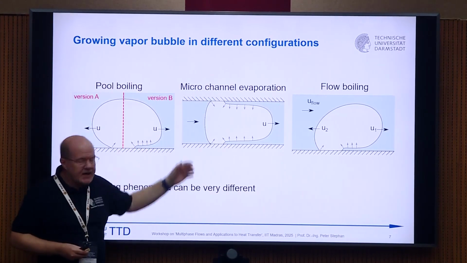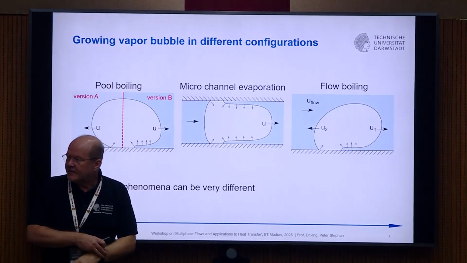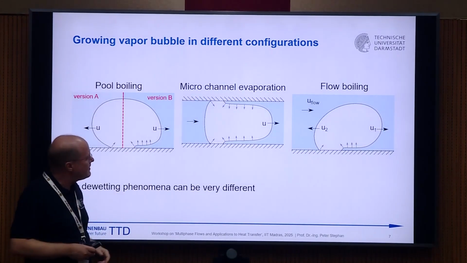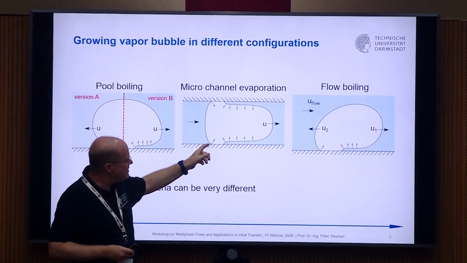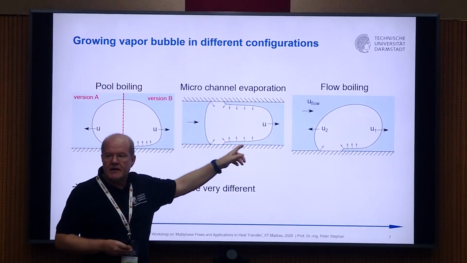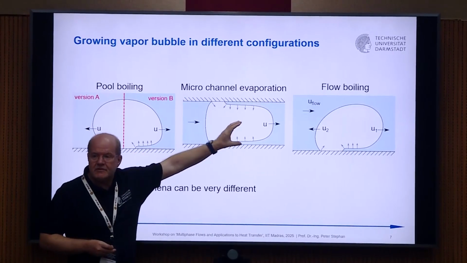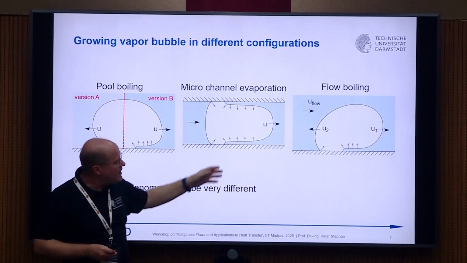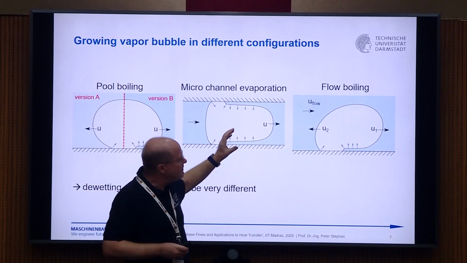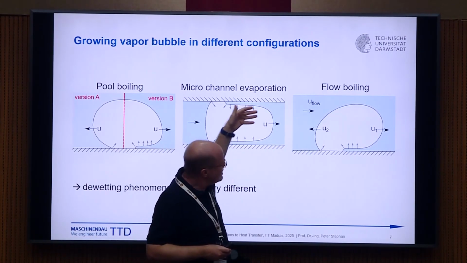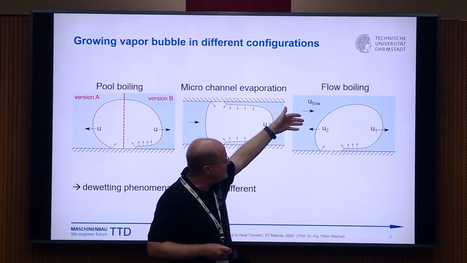If you have a micro-channel evaporation, as in some of the applications you showed, then you have typically a moving contact line situation here with the evaporation, and here a microlayer formation, if the bubble is pushed in that direction. And you can have a similar thing in flow boiling configuration, where you have a certain flow velocity in this direction.